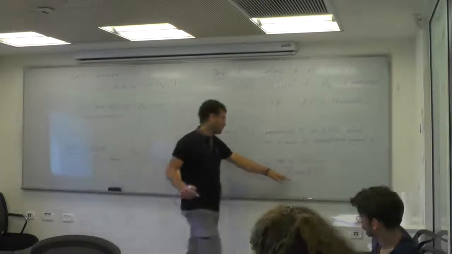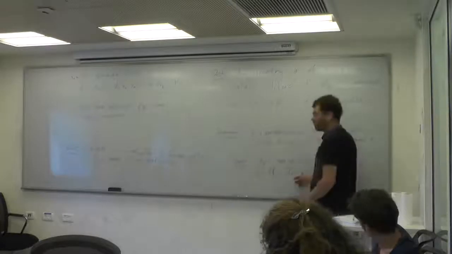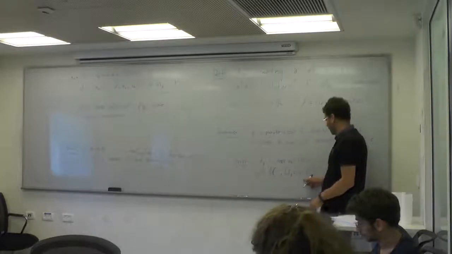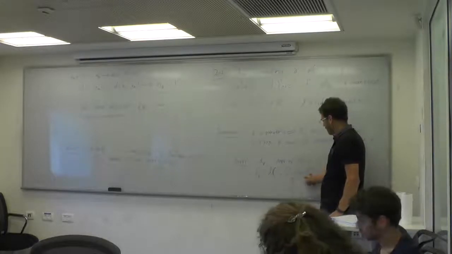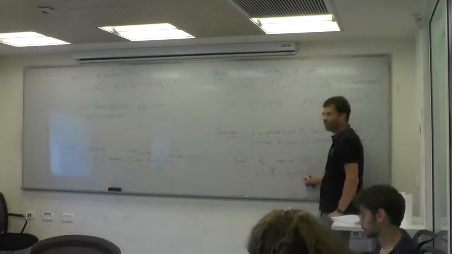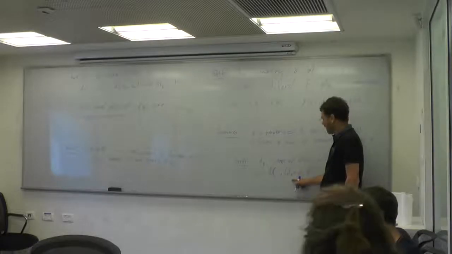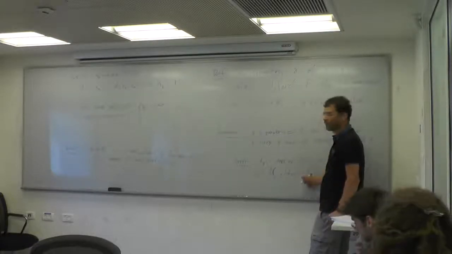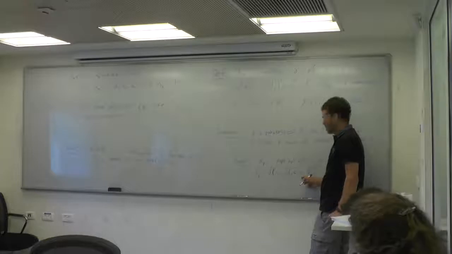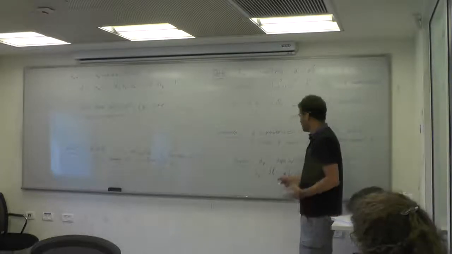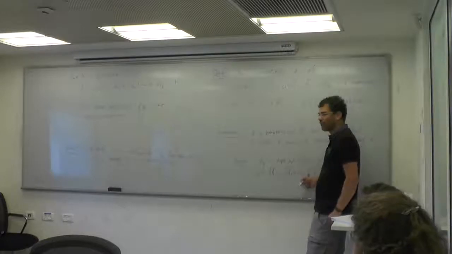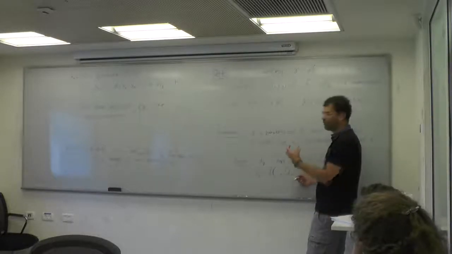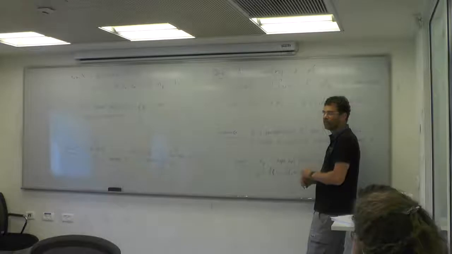This is a convex set. It's a sublevel set of a convex function. And I look at the distance function from this convex set. Now, letting t go to zero, you see that these convex sets will go to infinity.